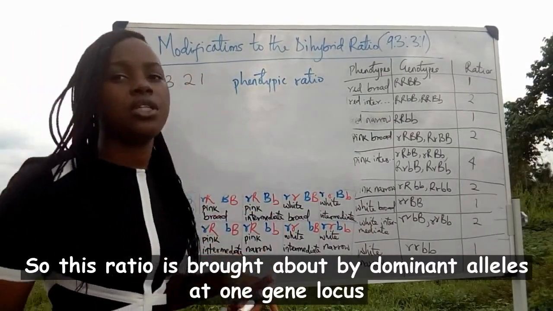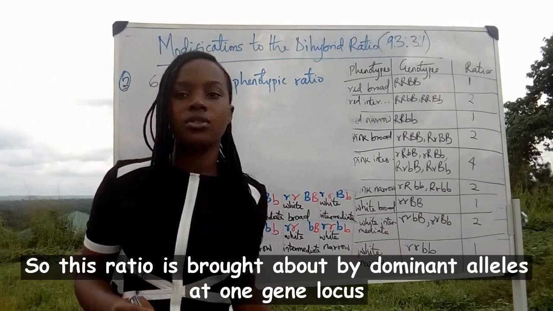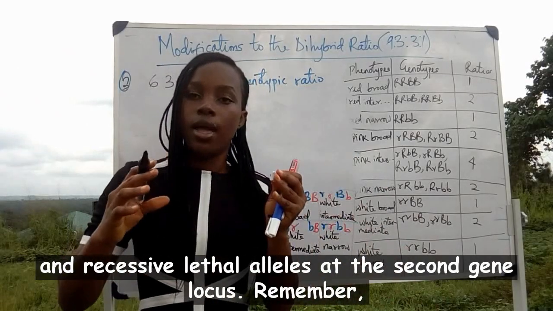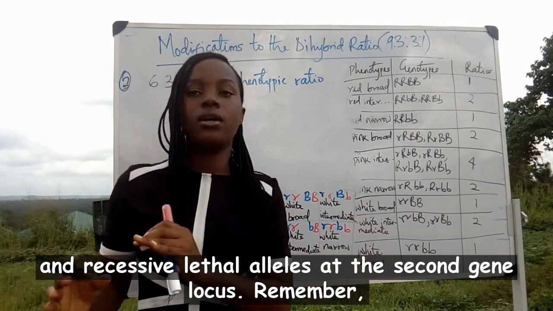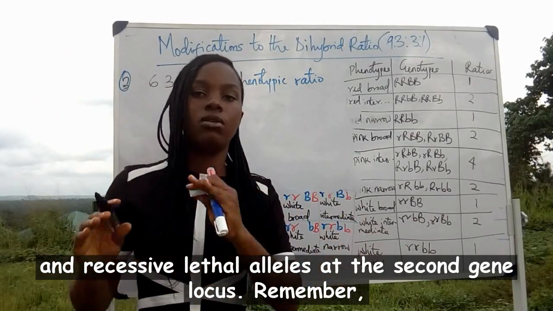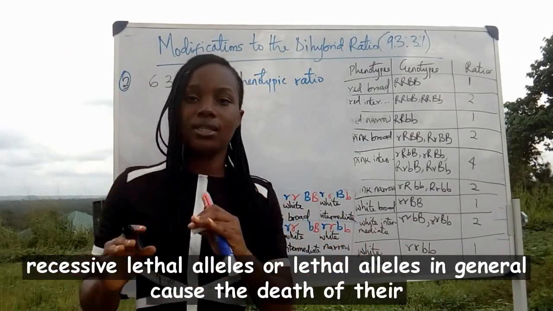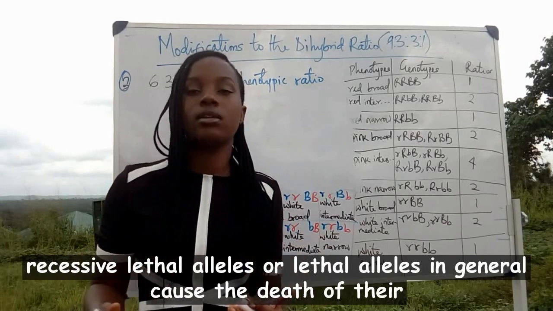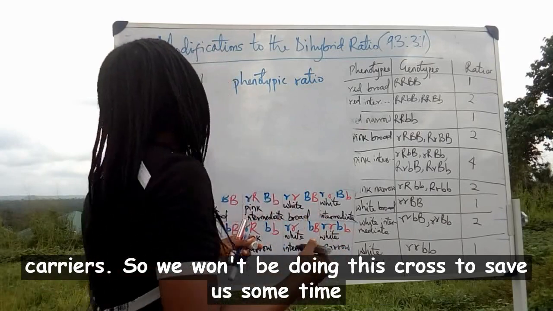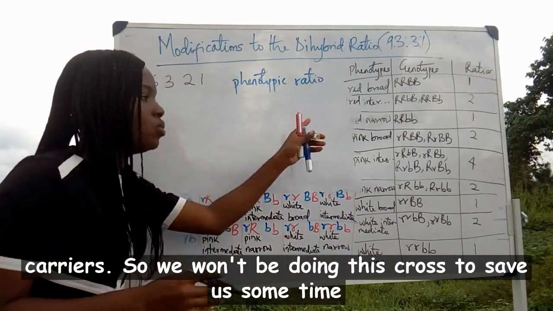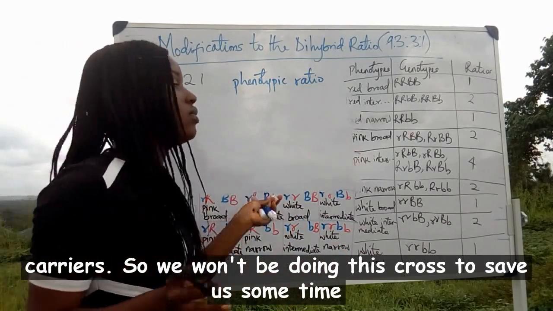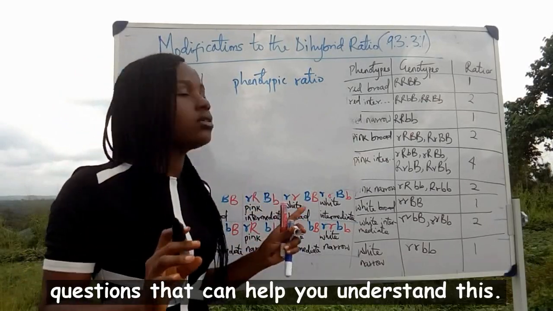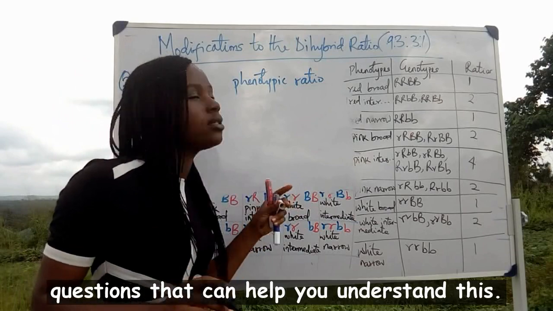So this ratio is brought about by dominant alleles in one gene locus and recessive lethal alleles in the second gene locus. Remember, recessive lethal alleles or lethal alleles cause the death of the carriers. So, well, simply, we won't be doing this cross to save us some time. I'm just going to be using the shortcut, but make sure you find questions that can help you understand this.